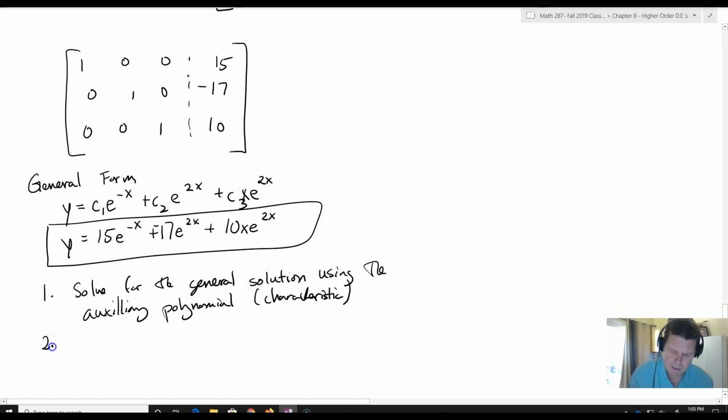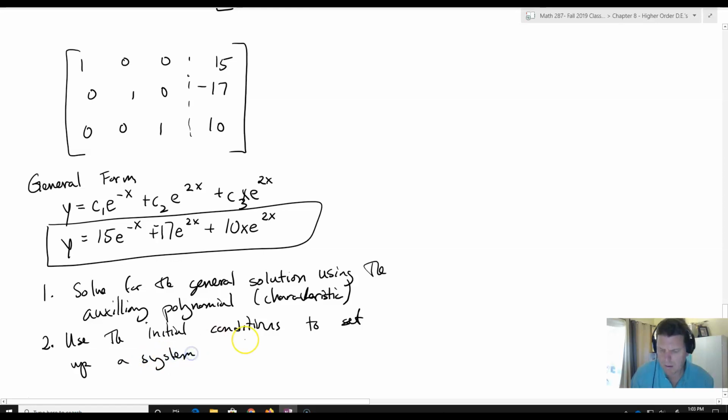Then we use the initial conditions to set up a system to find our coefficients. And that's it.